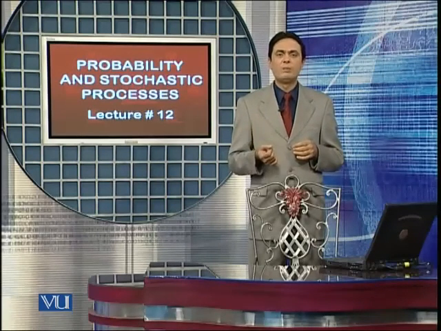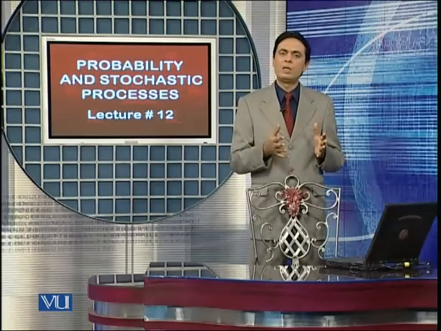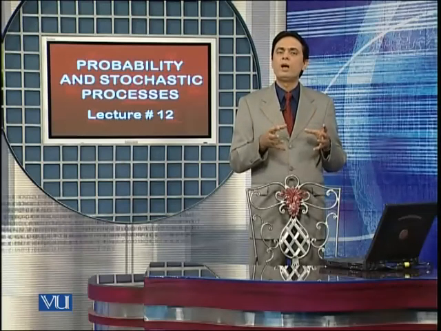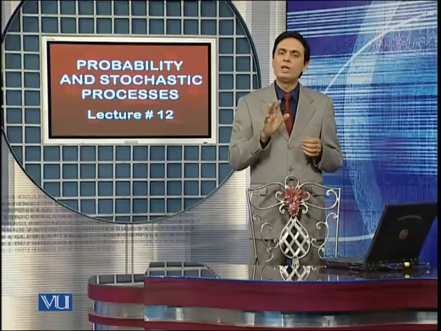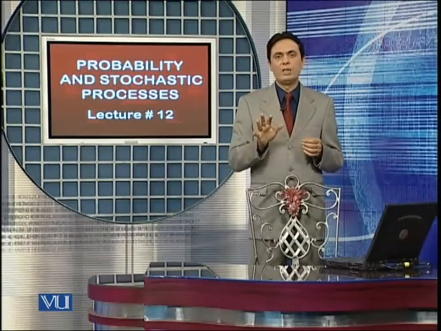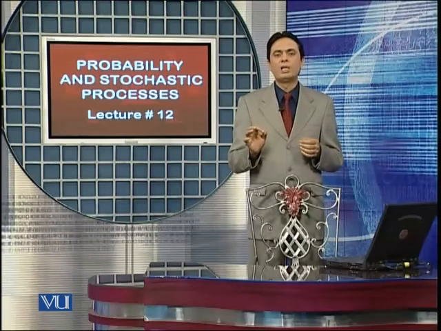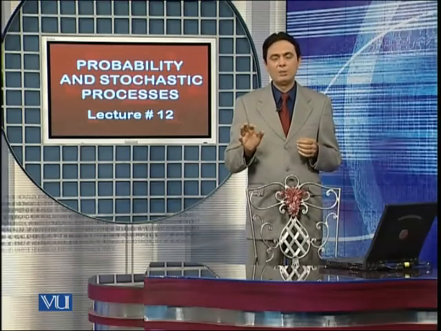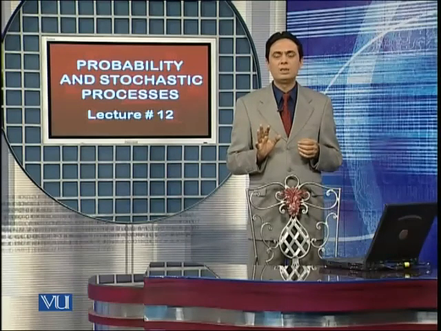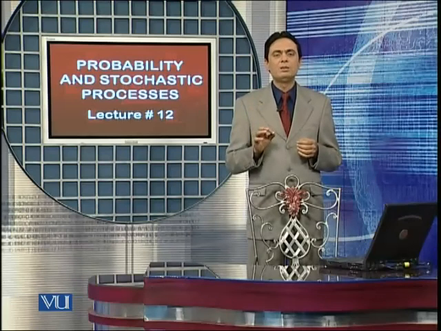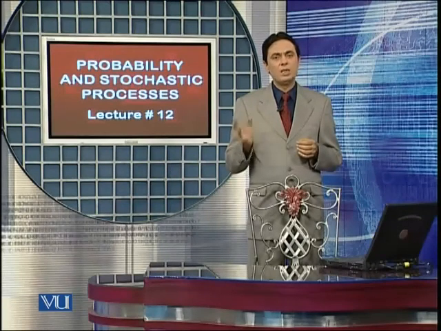In other words, we have two random variables x and y and we have found their joint expectation, which is the expectation of x into y. Is it equal to the expectation of x multiplied by the expectation of y? The answer is in general no. And there are special pairs of random variables, which do not occur very often, where this is true.